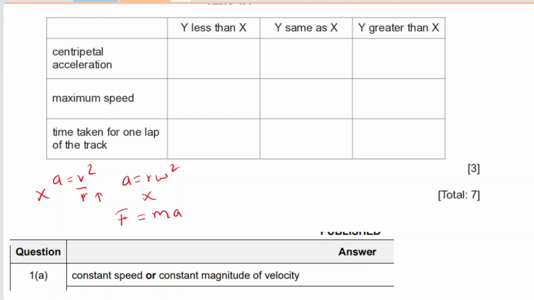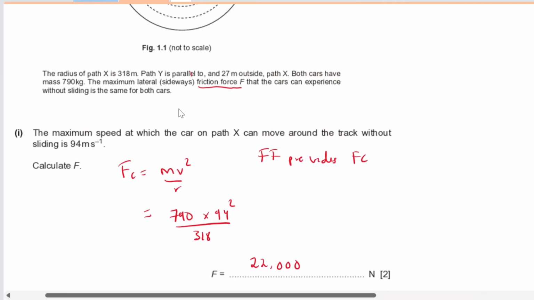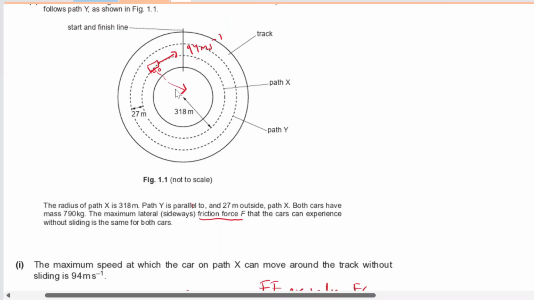Whereby the centripetal force equals mass times acceleration, but this will be the centripetal acceleration. So this is equal to force divided by the mass. Now you can see that the mass of both of these cars is the same.